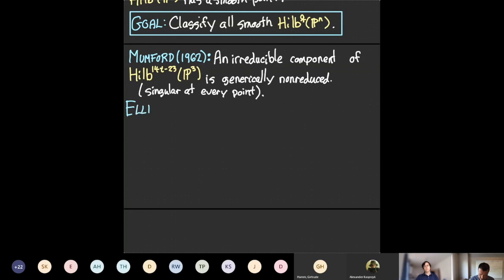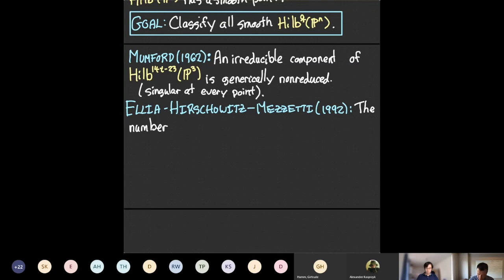Building on this theme, Ilya Hershkovitz and Mazzini, in fact, a fair bit later, but before the smooth results due to Reeves and Stillman, show that the number of irreducible components, again, they concentrate on the interesting case of space curves, and they consider lots of them.